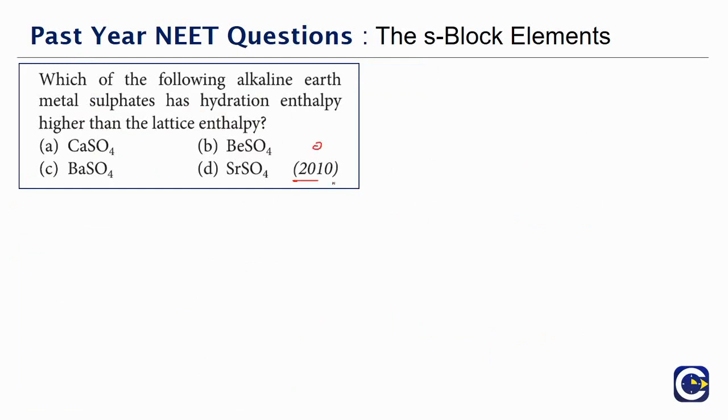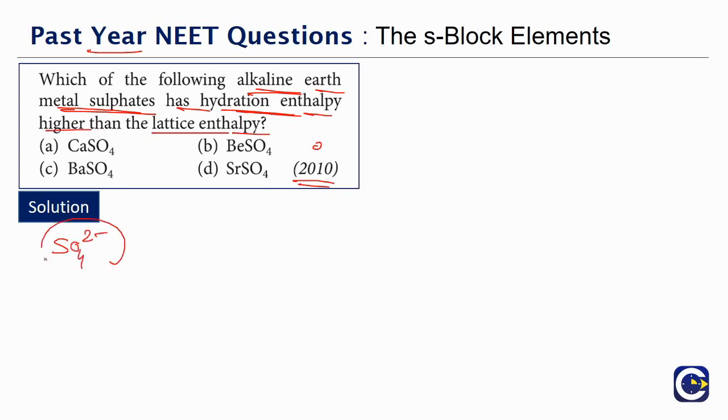This is a question that has come in the year 2010. Which of the alkaline earth metal sulfates has hydration enthalpy higher than the lattice enthalpy? First of all, when we talk about the lattice enthalpy, lattice energy is based upon the cation and anion size comparison.